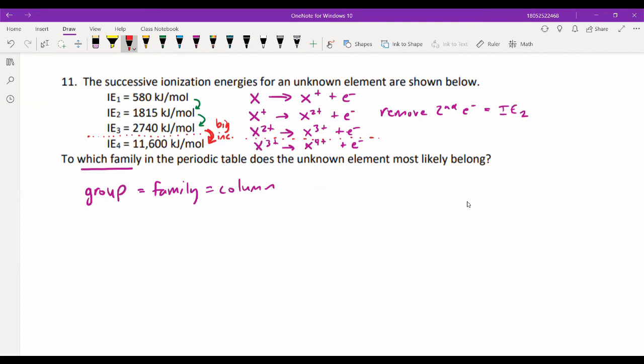Once you do one of these problems, you can just remember the pattern, it's always the same thing. But because we have this big increase from 3 to 4, that's saying that the fourth electron is much harder to remove than the first 3.